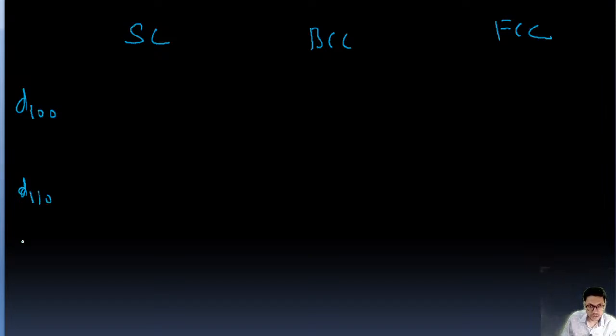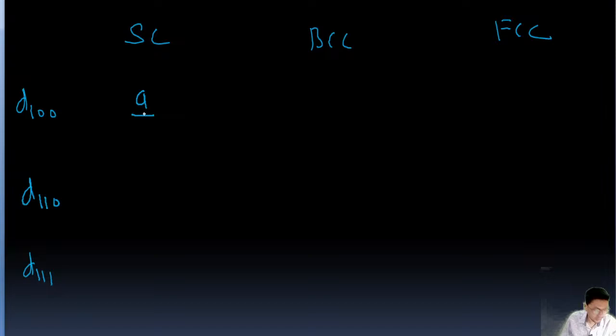This is for SC, this is for BCC, this is for FCC, and this is d_hkl: d100, d110 and d111.